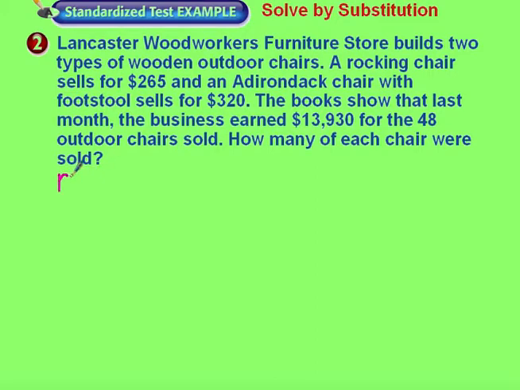What I don't know is both how many rocking chairs were sold and how many Adirondack chairs were sold. You can see that I'm just using variables that make sense in my equation. The first equation I'm going to build is based on the prices and the amount they made.